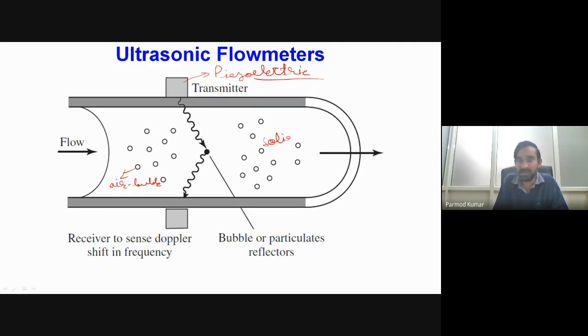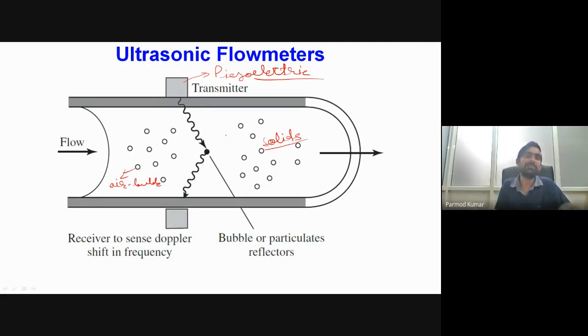When the transmitted signal interacts with a particle, the signal is reflected, and depending upon the amount of reflection there is a shift in the frequency of the signal. That shift is determined by the receiver, and it is proportional to the flow rate.